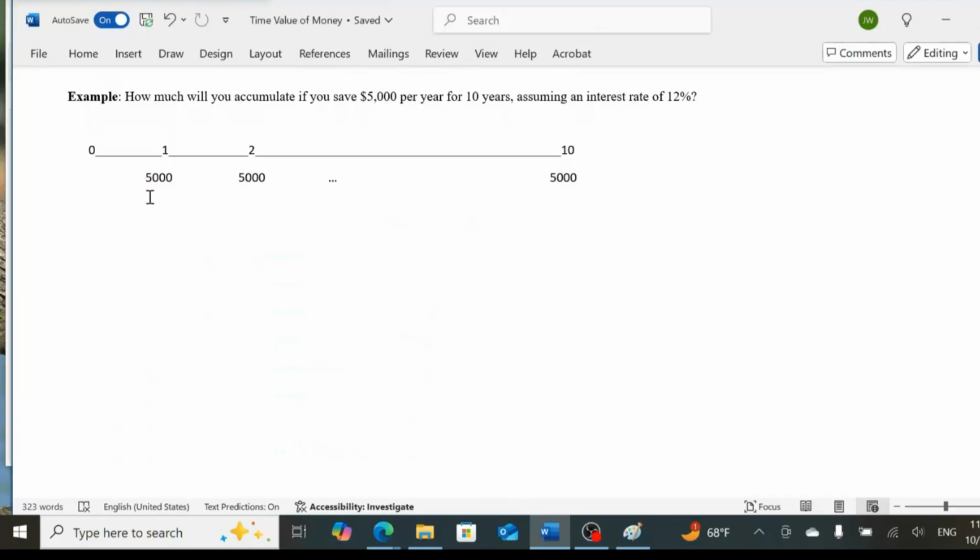So my question is, if you save $5,000 every year for the next 10 years, how much do you accumulate at the end of 10 years? Of course, the answer depends on the interest rate. Here we assume an interest rate of 12%. So the answer to this question is the future value annuity concept. In this case, there are 10 cash flows, so it is the future value of a 10-period annuity. So can we figure out how much?